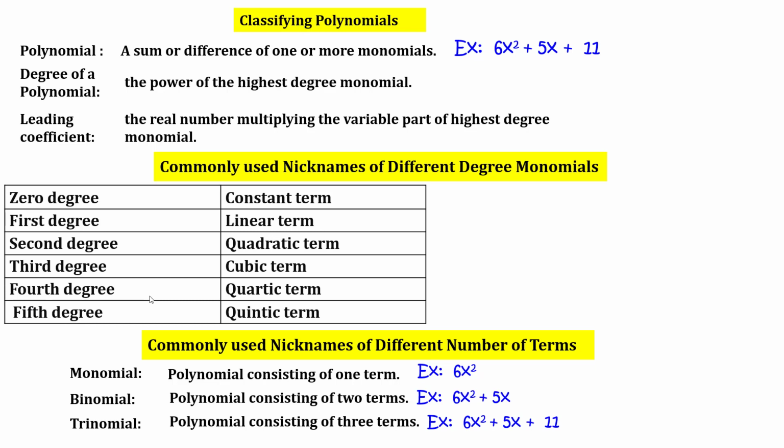There are nicknames for things that are larger than fifth degree and that have more than three terms. They are just a little bit obscure, so I'm not listing them here. You can just say sixth degree or seventh degree, or 4 terms, 5 terms, and so on. All right.